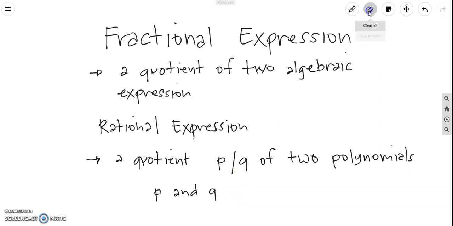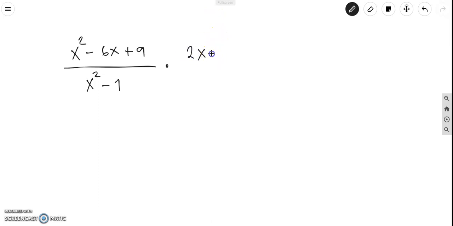Let's try some examples. For example, we have x squared minus 6x plus 9 over x squared minus 1, times 2x minus 1 over x minus 3.